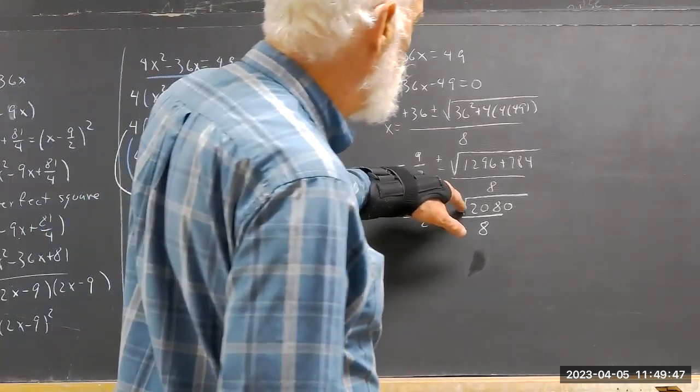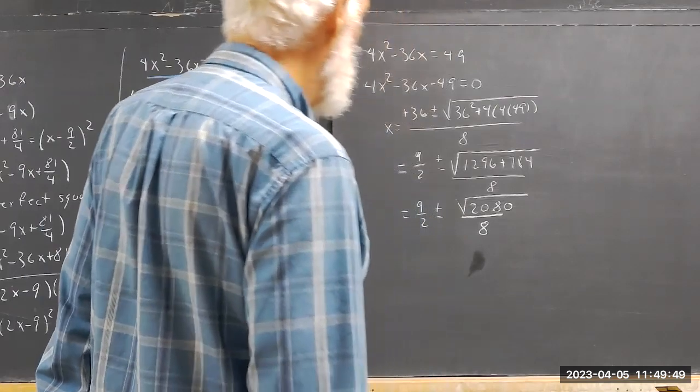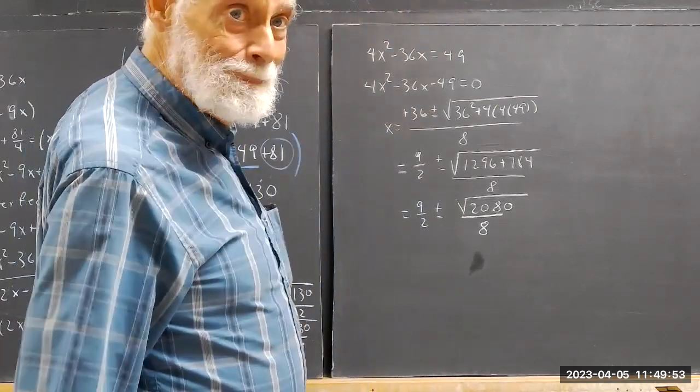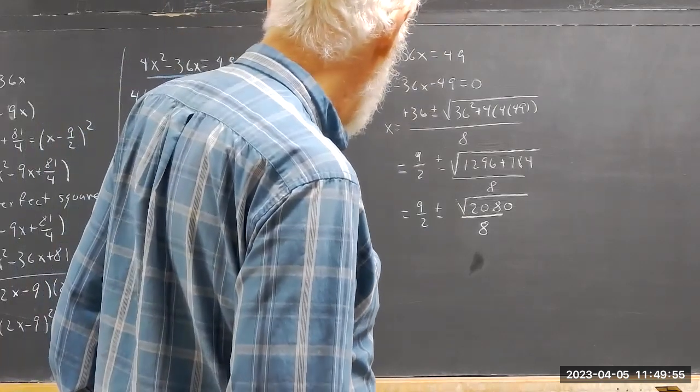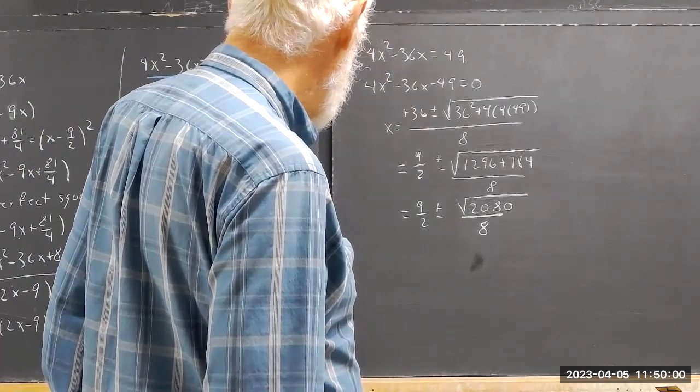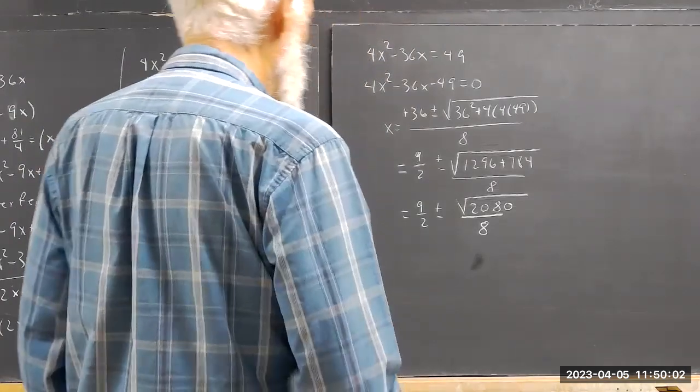Okay, I can divide 4 into that. I'm going to get 520. 520 is 4 times 130. A factor of 2 that I should have bought.